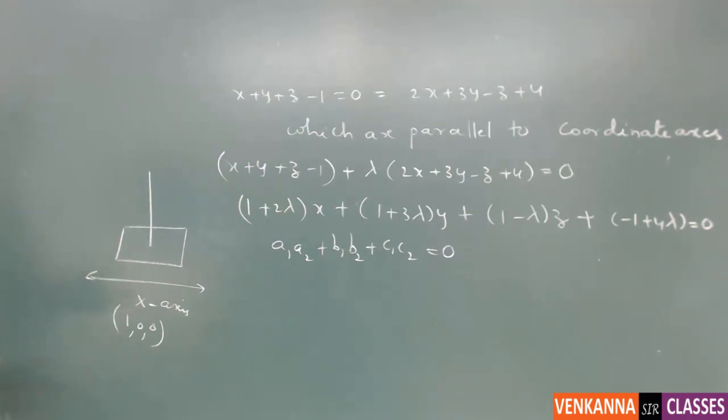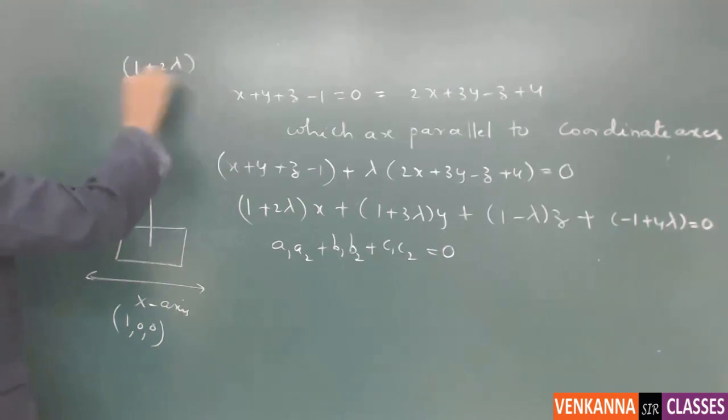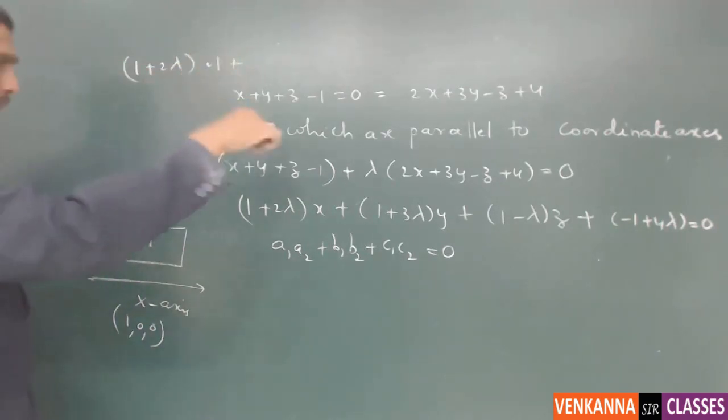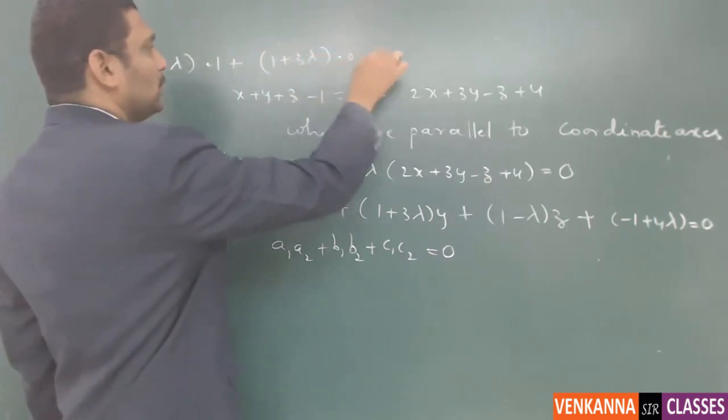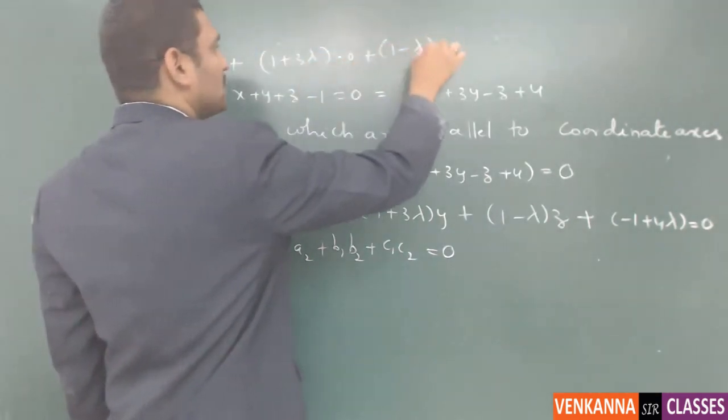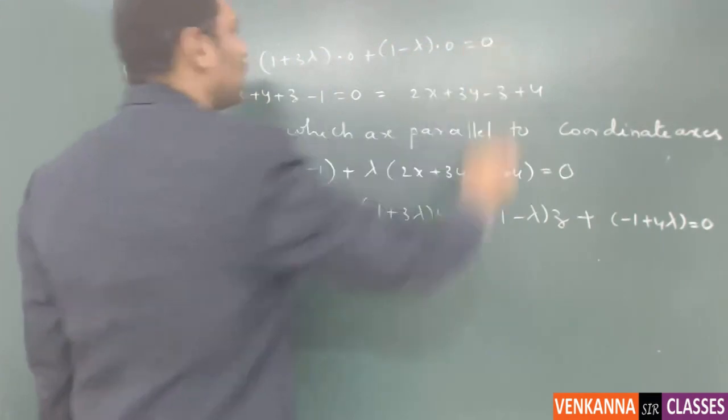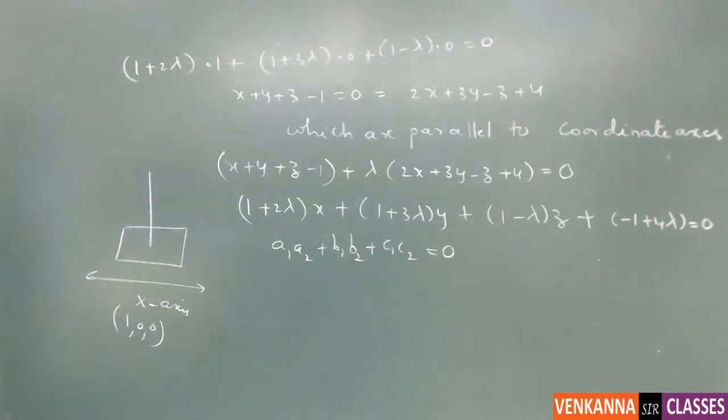If you apply the condition, so (1 plus 2 lambda) into 1 plus (1 plus 3 lambda) into 0 plus (1 minus lambda) into 0 equal to 0. A1A2 plus B1B2 plus C1C2 equal to 0.